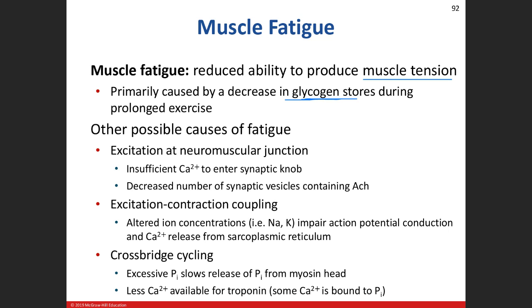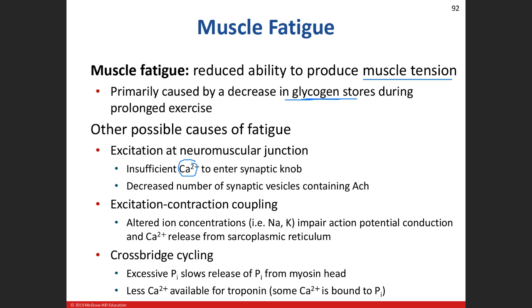You're not going to be able to drive your car. Well, when you start to run out of fuel for your muscles, you're not going to be able to produce a strong muscle contraction, or the amount of force that you produce will not be very high. Some other things can cause muscle fatigue. You can have an issue at the neuromuscular junction when we're talking about calcium.